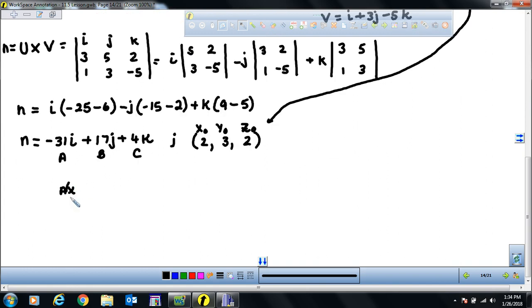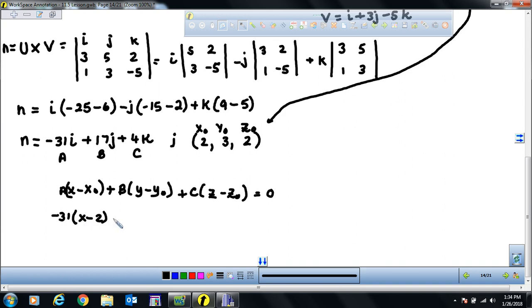A times X minus X of 0 plus B times Y minus Y of 0 plus C times Z minus Z of 0 equals 0. So A is equal to negative 31, so it will be negative 31 times X minus 2 plus B, which is 17 times Y minus 3 plus C, which is 4 times Z minus 2 equals 0.